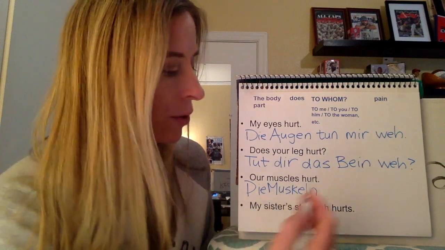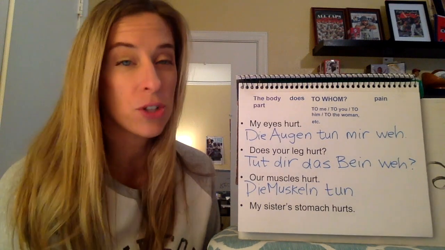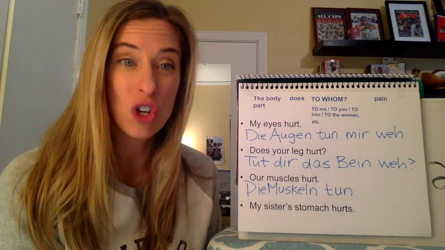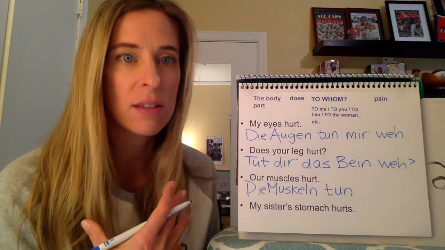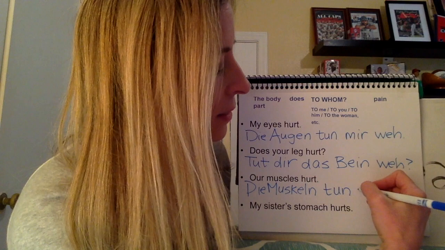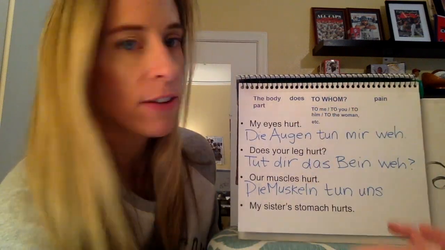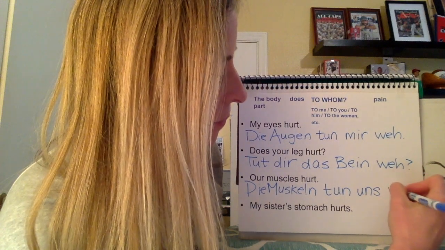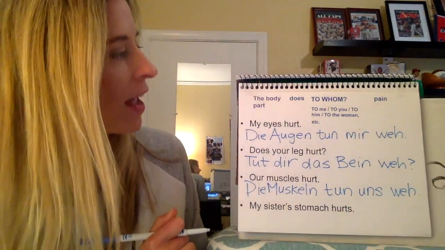Muscles is plural, so that's going to be tun. All right, so they are doing pain to whom? If it's our muscles, they're doing pain to us. So think about what that pronoun's going to be. It is uns. And then we have weh, always in with the weh. And so die Muskeln tun uns weh.